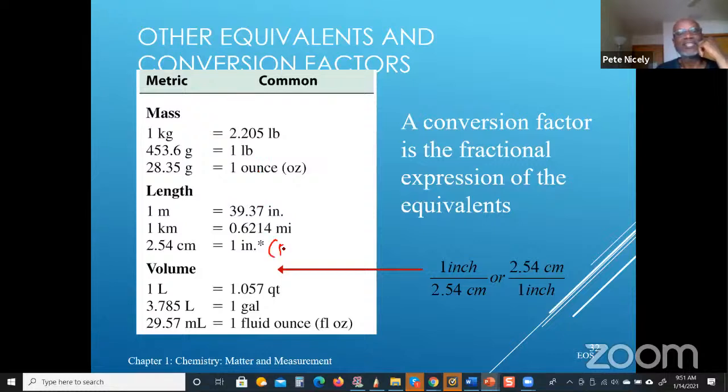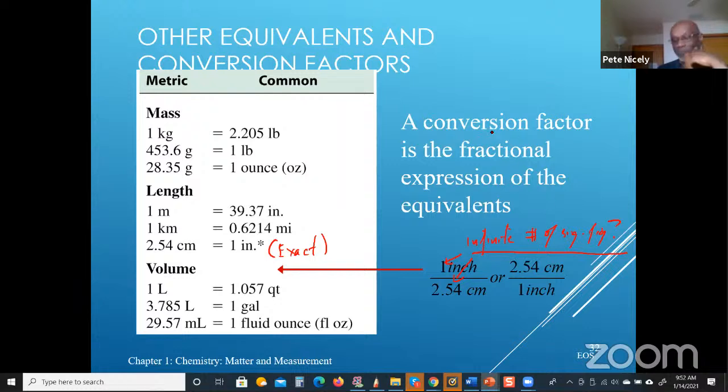This is an exact relationship, right? So what that means, therefore, is that when you're doing any calculations, you're going to assume that the 1 here and the 2.54 here have an infinite number of sig figs, all right? So whenever you have a conversion factor which represents an exact relationship, then you know that it has an infinite number of sig figs, and you take that into account when you're rounding off.